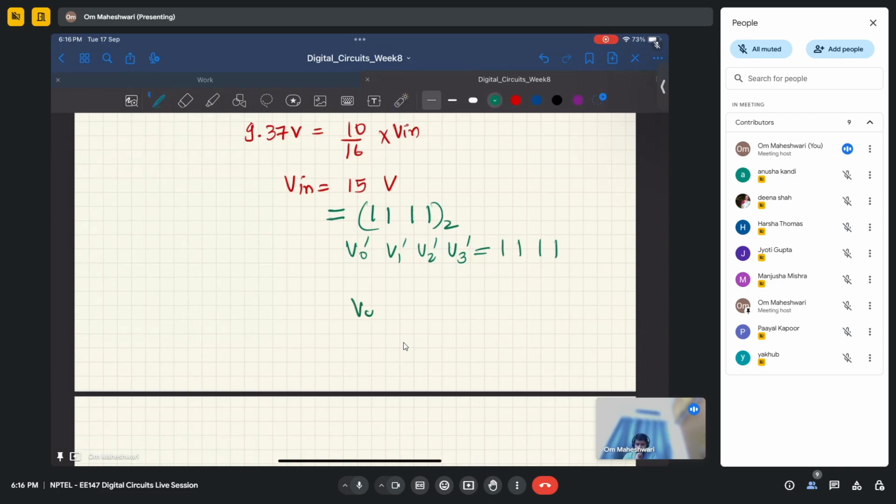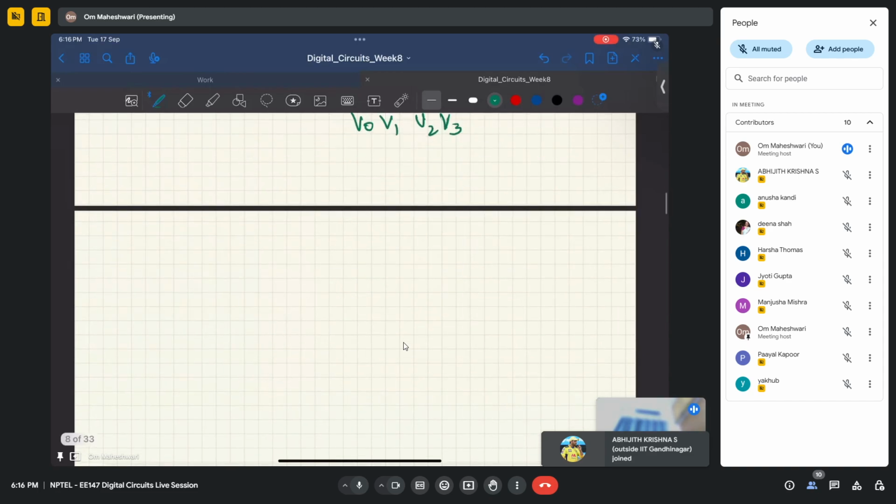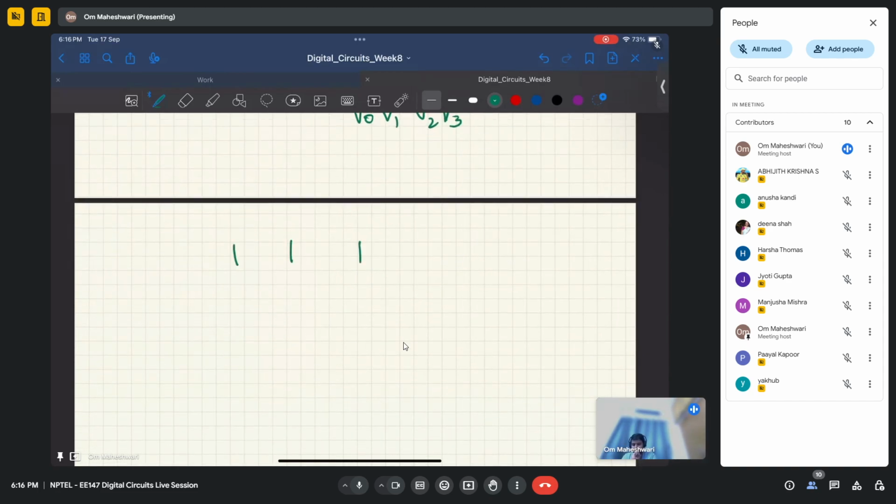So your v0, v1, v2, v3 will be gray to binary conversion. For 1 1 1 1, if you want to convert it to binary form, if this is in gray, you write this is MSB, this is LSB, you write MSB as it is, then do XOR of these two.